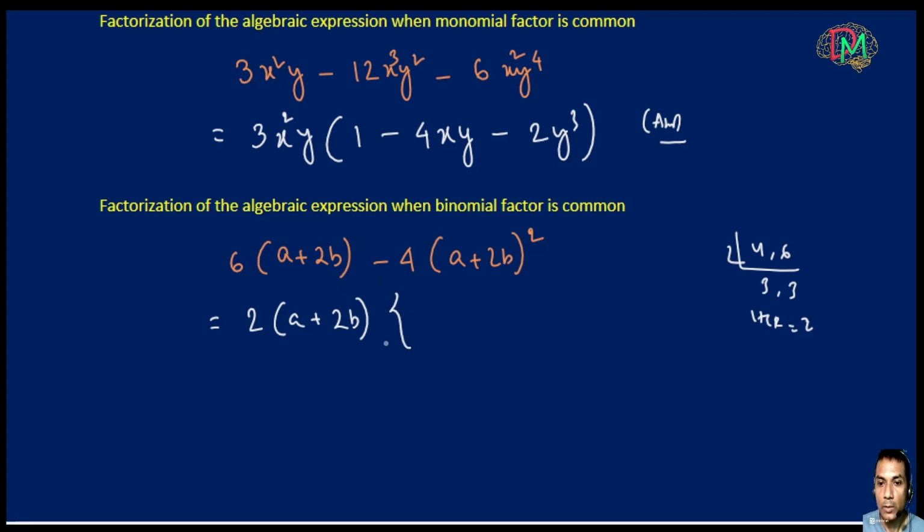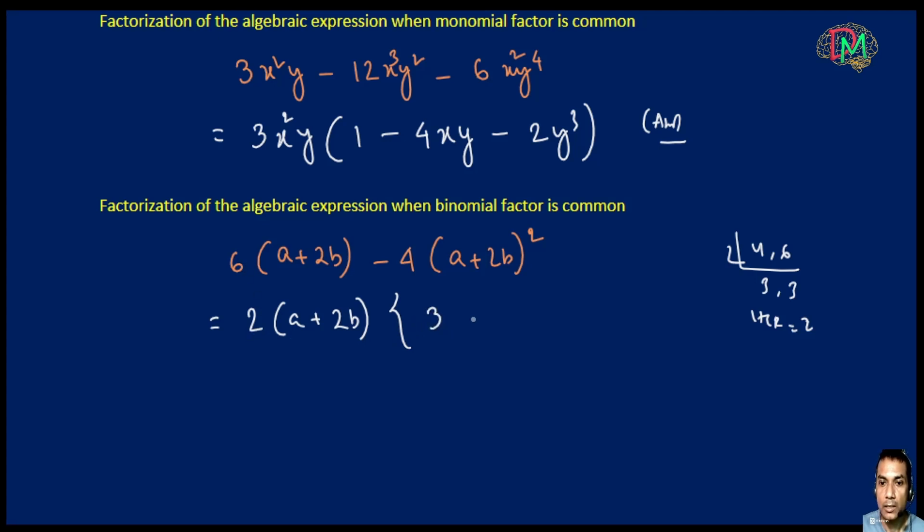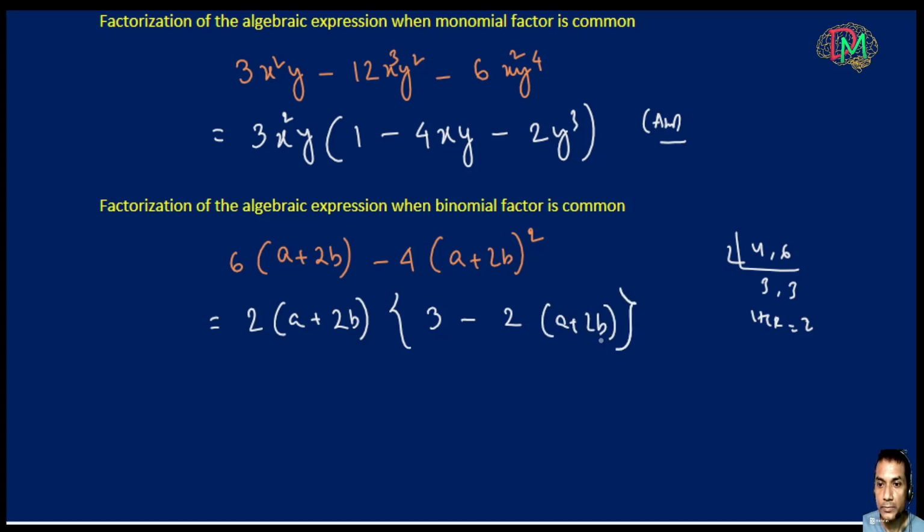Correct. And what remains here? If you remove 2 from 6, what remains? That is 3, and here nothing remains, right? And here it is 2, it remains 2. And since it is (a plus 2b) whole square, if you remove only one (a plus 2b), what remains? Only 1. Clear?